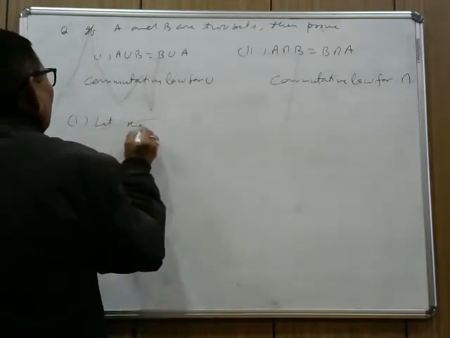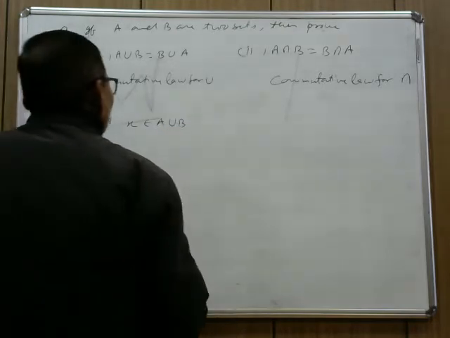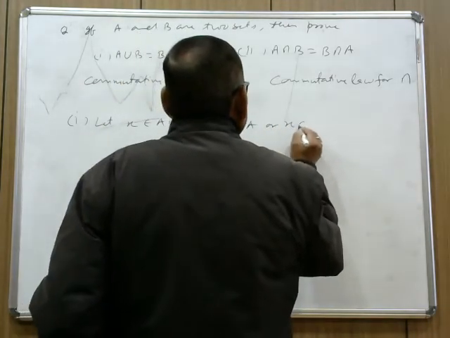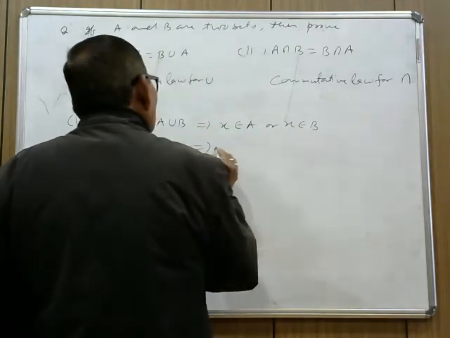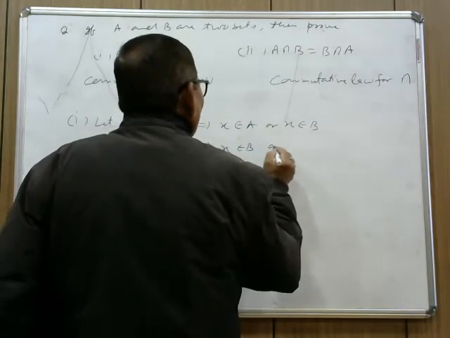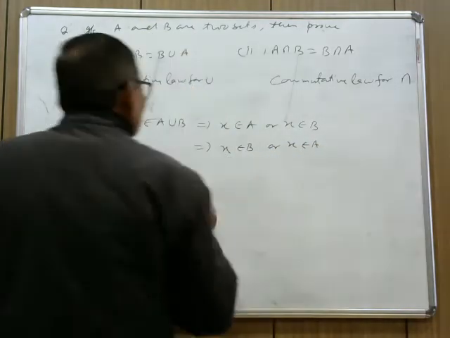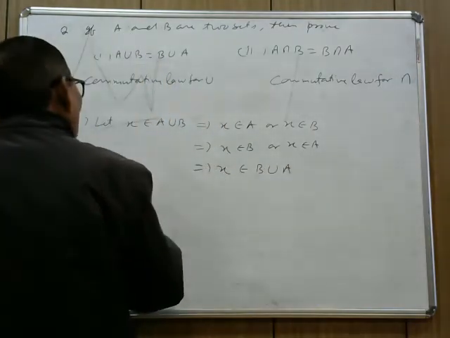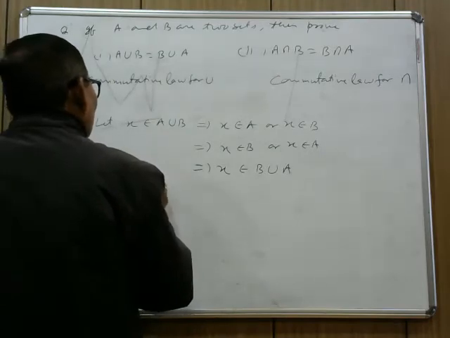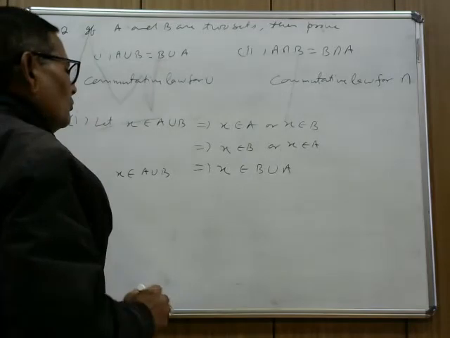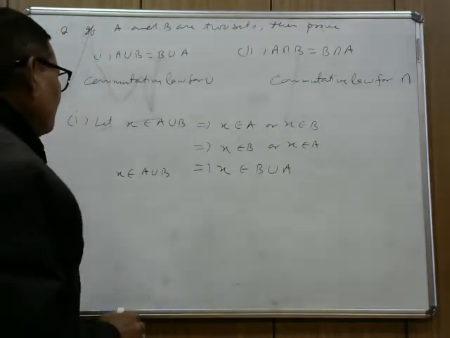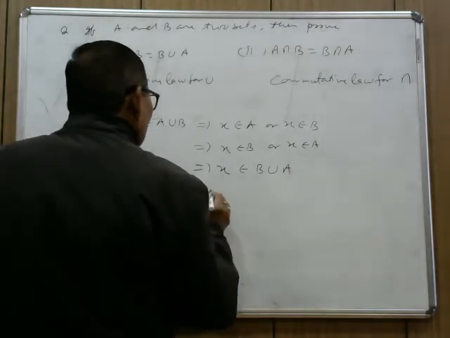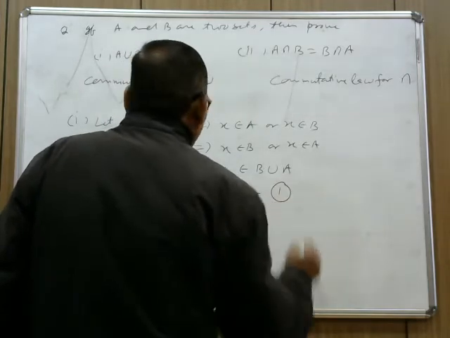So first, let X belongs to A union B. Then this implies that X belongs to A or X belongs to B. When you change their orders, X belongs to B or X belongs to A, this implies that X belongs to B union A. By the definition of subsets, you can write A union B is subset of B union A. This is your result number 1.